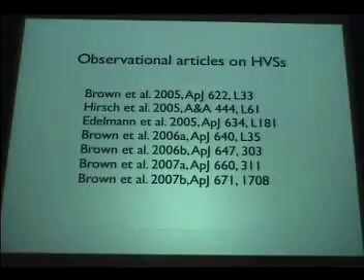And we're going to actually use the Brown et al. 2007A paper information, their data, in what I'm going to present in a moment. So they really are surveying now, and the total number that they see of high-velocity objects is of order, I guess, 20 or so.